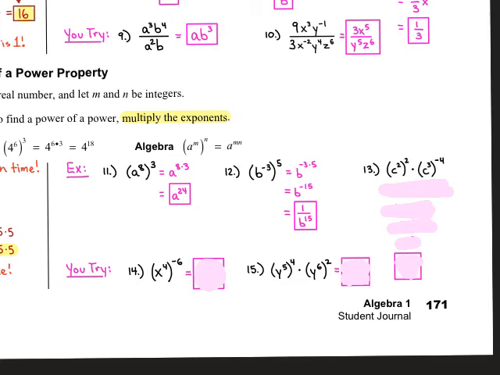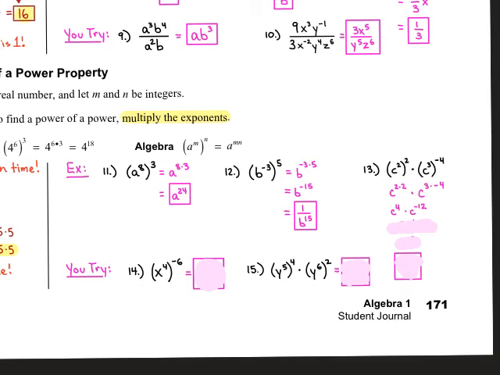All right. Last one that I'm going to do with you, number 13. We've got two different situations here where this is a power to a power here, and this is a power to a power here. So we're going to simplify both of those by multiplying first. We use the power property, or the power rule as it's called, and we multiply 2 times 2 and get C to the 4th, and we multiply 3 times -4 and get C to the -12th.